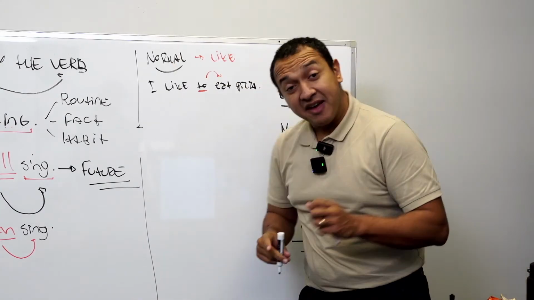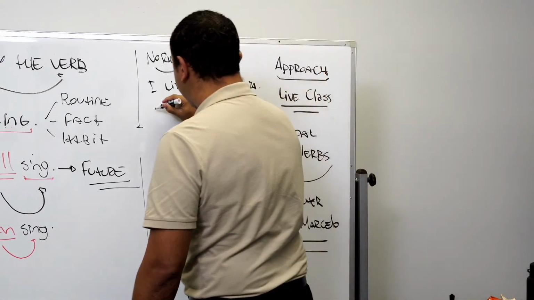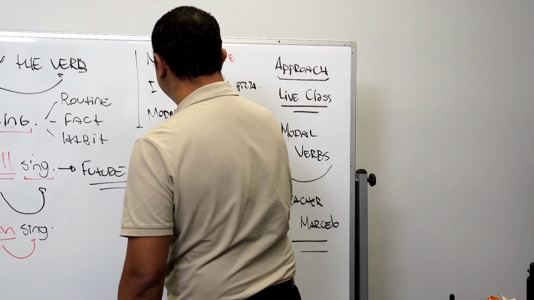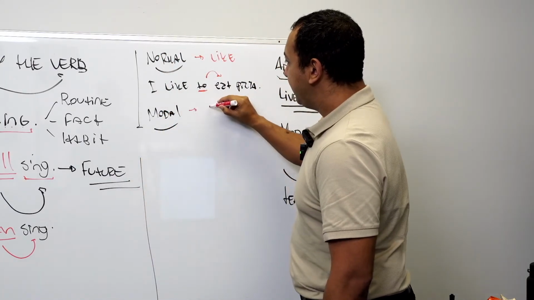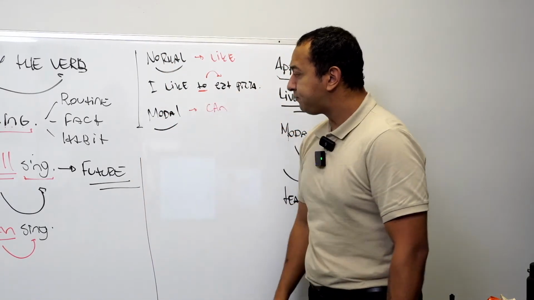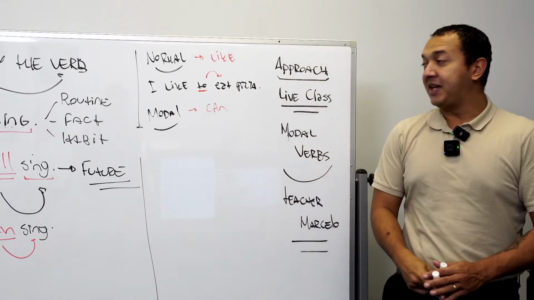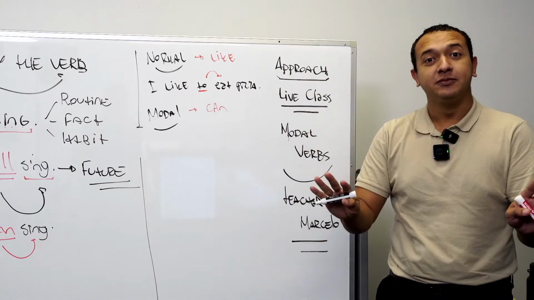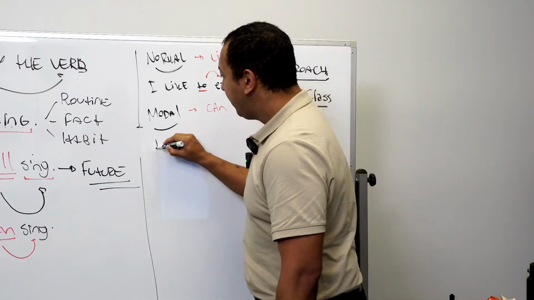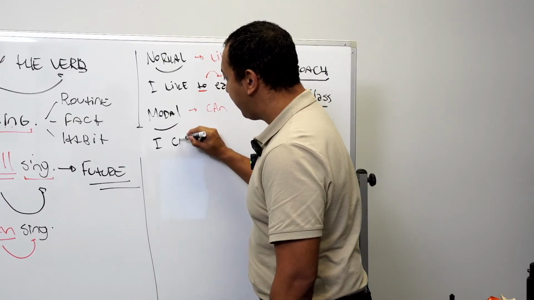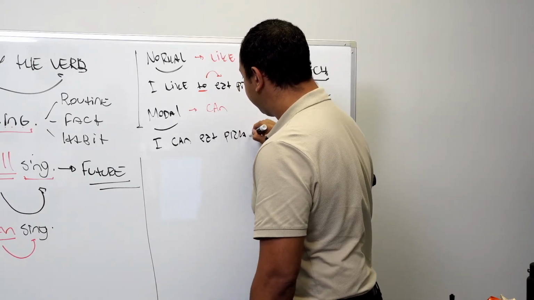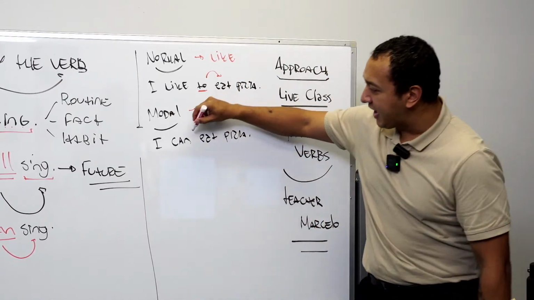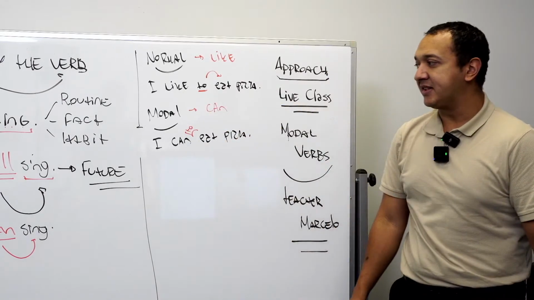Now, if I have a modal verb, pay attention, Instagram people. Look at this. Modal verb. For example, the verb can. If I have the verb can, I don't use to. I can eat pizza. I don't say I can to eat pizza.